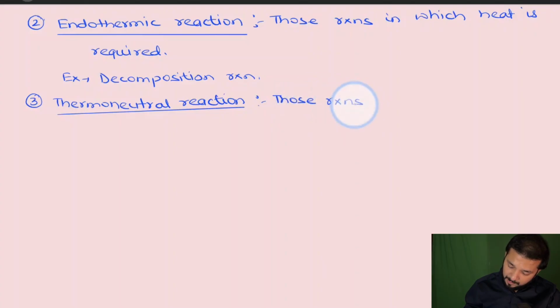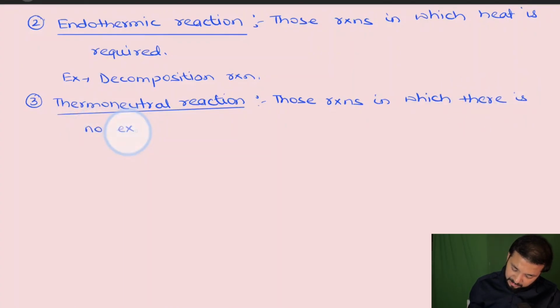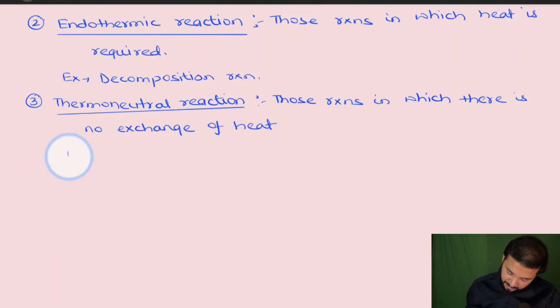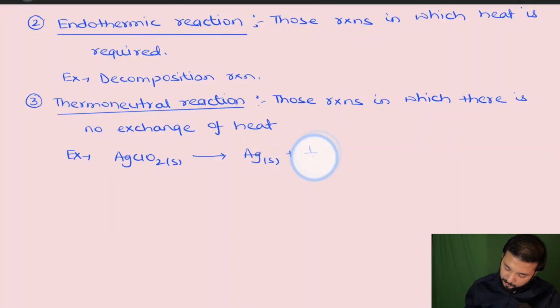For example, AgClO2 solid giving Ag solid plus half Cl2 gas plus O2 gas.